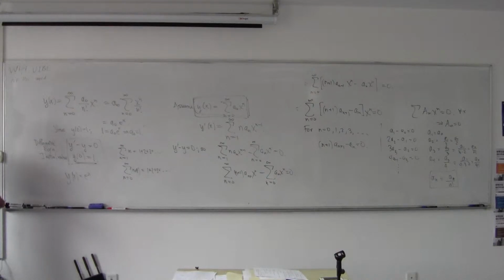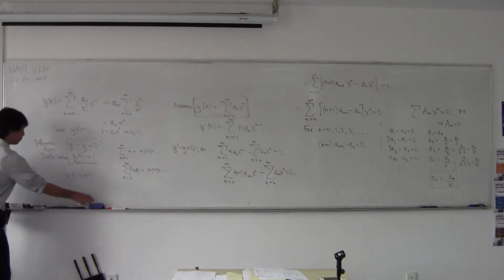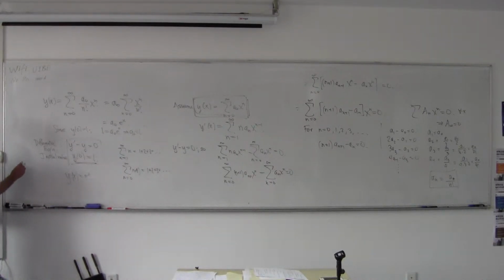Now you should be sort of laughing a little bit at this point, because you'd say, Professor, we knew that, right? Because y prime is equal to y. That's to say dy over y equals dx.